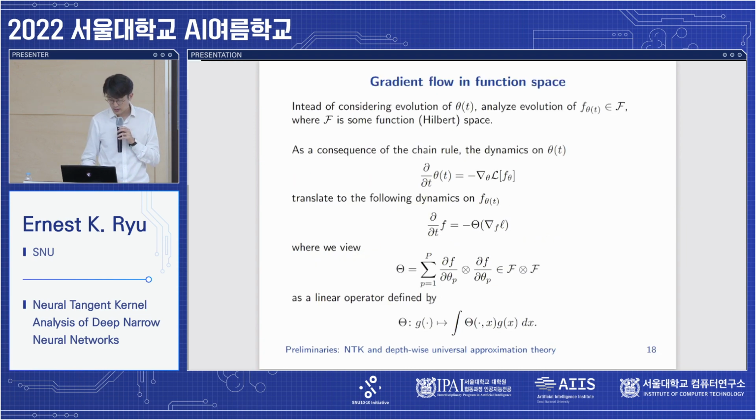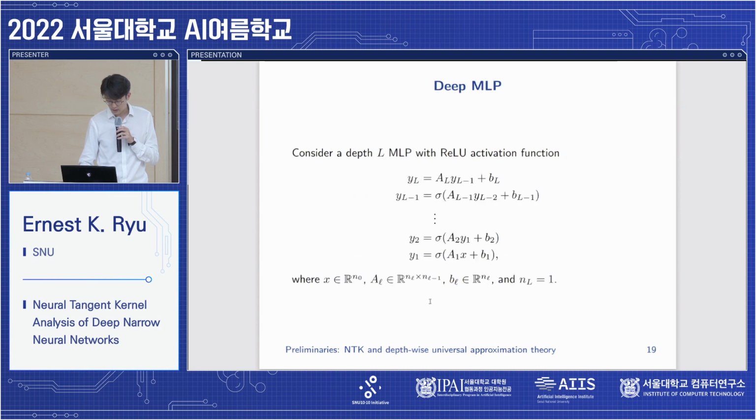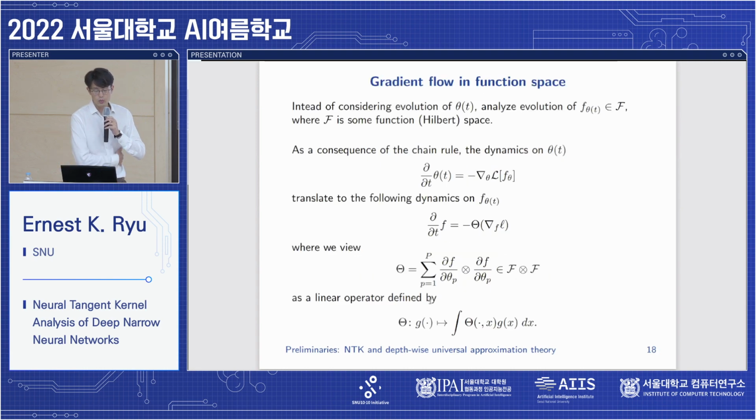Okay, and then the second key insight is that we'll consider not the evolution of the parameters, but actually the evolution of the function. So when you perform training in deep learning, in PyTorch, in TensorFlow, you have your parameters, and every iteration, every epoch, you update the neural network parameters.